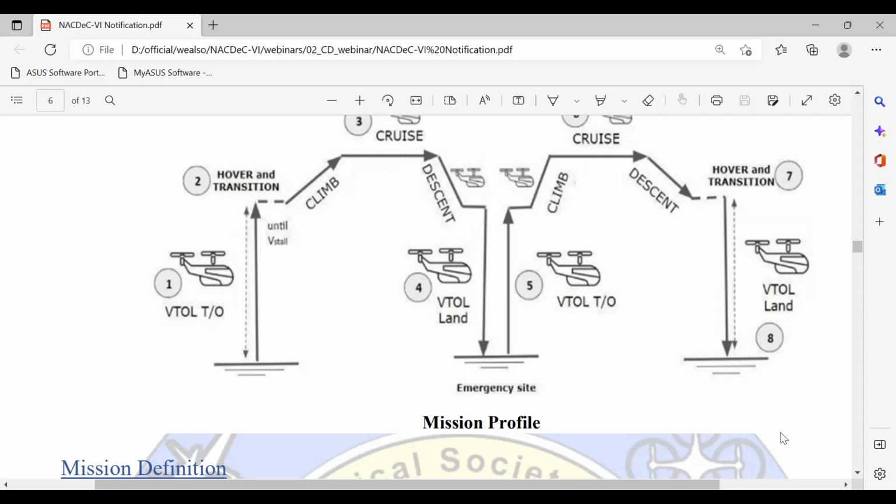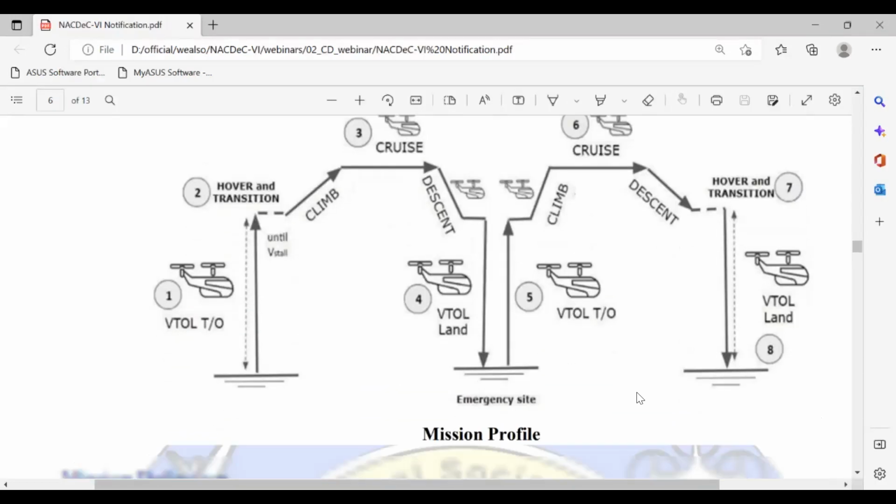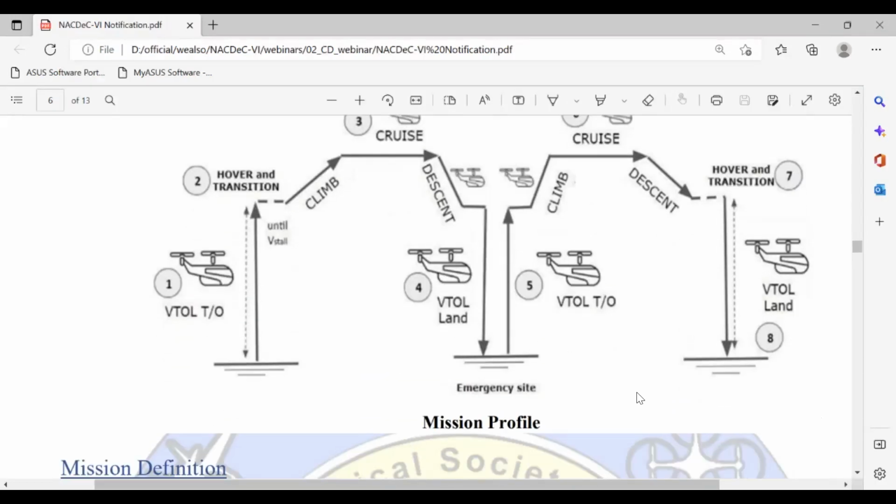Then, because you are at 0 speed, you proceed up to V stall. Below V stall, if you start flying, there will be a problem. So you go up to V stall and then you start climbing. I am not mentioning accelerated climb. I'm just saying climb. You decide whether it is accelerated or a normal climb, and then cruise and then descent. I don't know whether this acceleration and climb will be detrimental for the passenger. So it is up to you. Okay. Next query.